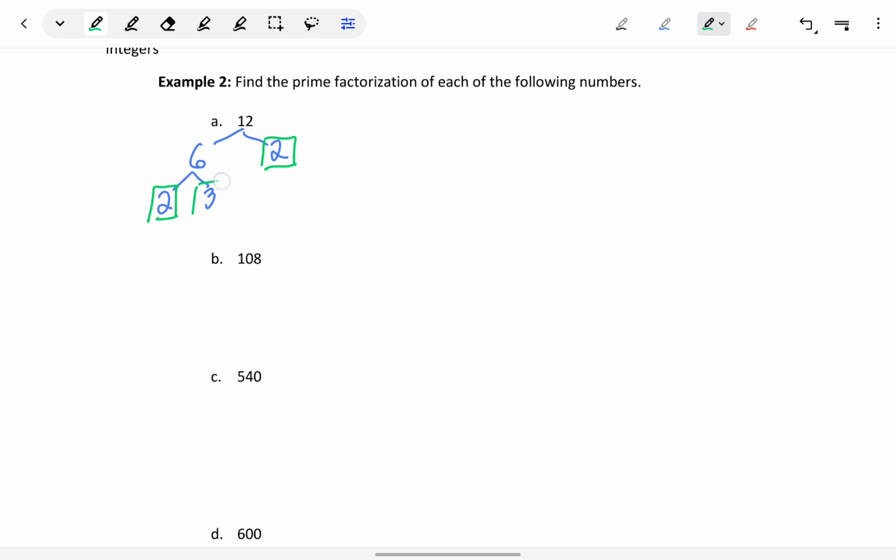Now each of these branches ends with a prime number, meaning we can rewrite 12 as the product of each of those values that we ended with, the end of each of those branches. So we can write this as 2 times 2 times 3. Multiplying those three prime numbers together will give us 12.